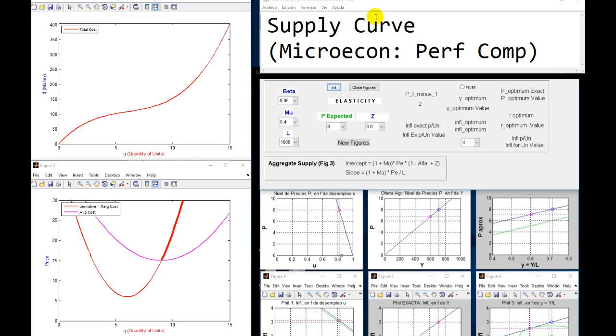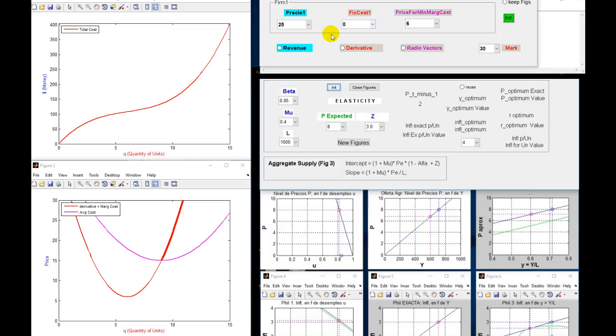Okay, let's get started. In previous videos we have seen that if this is the cost curve, then we can calculate the marginal cost equal to the derivative if the units are small enough.